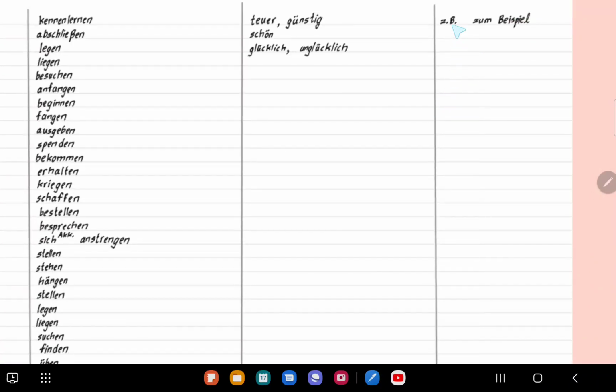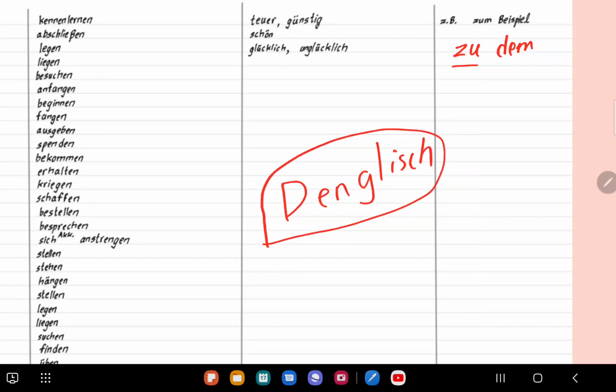z.B., it is a short form for zum Beispiel. Why is it zum? Zum is actually zu plus dem, and why is it like that? Don't worry, just remember zum Beispiel. I'm also a big fan of people who are willing to learn German starting to speak in Denglish. This is English plus German, Denglish.